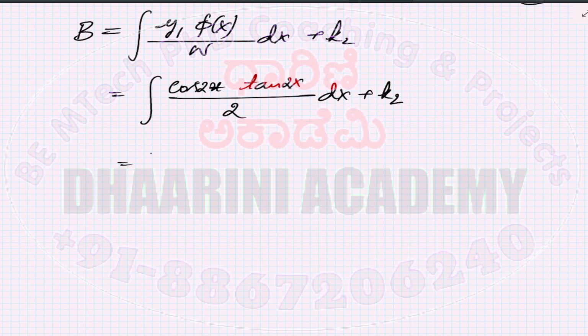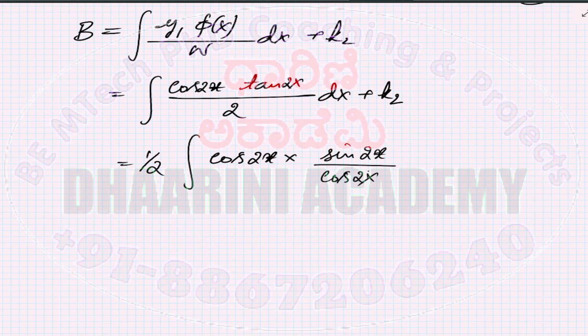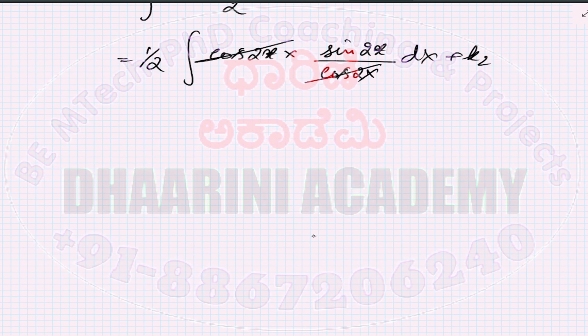Alright, so this is equal to half integral cos 2x into tan, which is nothing but sin 2x by cos 2x. So this will cancel, dx plus k2. So that means this is the integration of sin 2x.